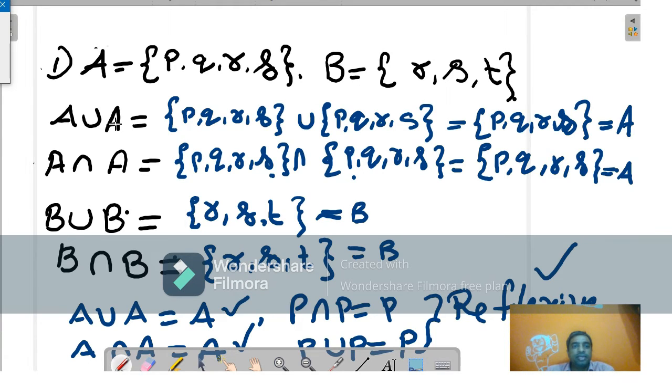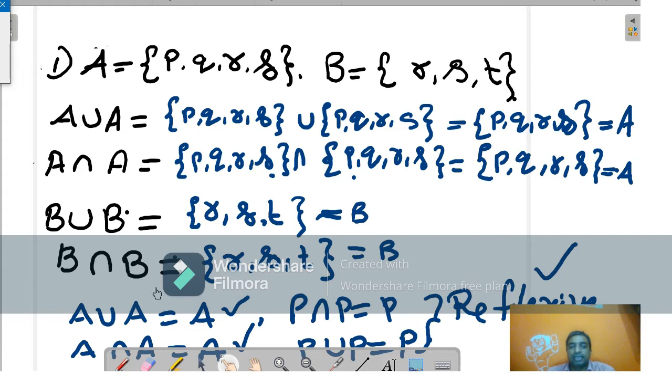We have done A union A and A intersection A. A union A gives A and A intersection A also gives A. In the same way, B union B gives B, and B intersection B gives B. Hence we can say A union A is equal to A intersection A is equal to A, or B union B is equal to B intersection B is equal to B, or any set P intersection P is equal to P union P is equal to P.